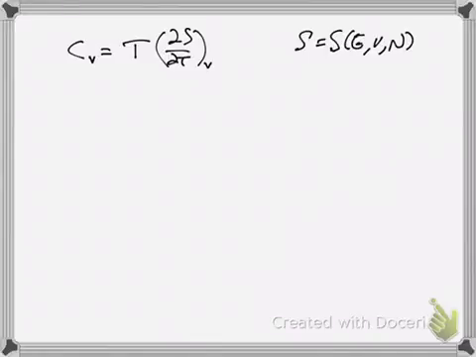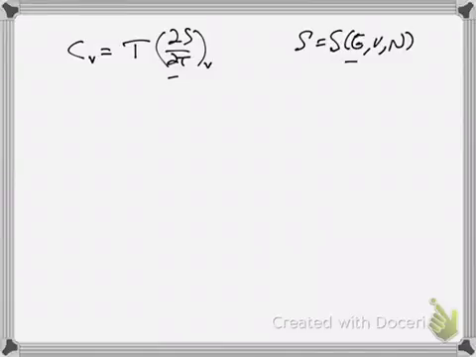This is the prelude to learning how to deal with these. Essentially, it's a problem of multivariable calculus, and we're going to learn how to deal with it very shortly. But it's an interesting point that it's not a trivial thing that we're taking a derivative with respect to a variable that is not one of the so-called natural variables of S.